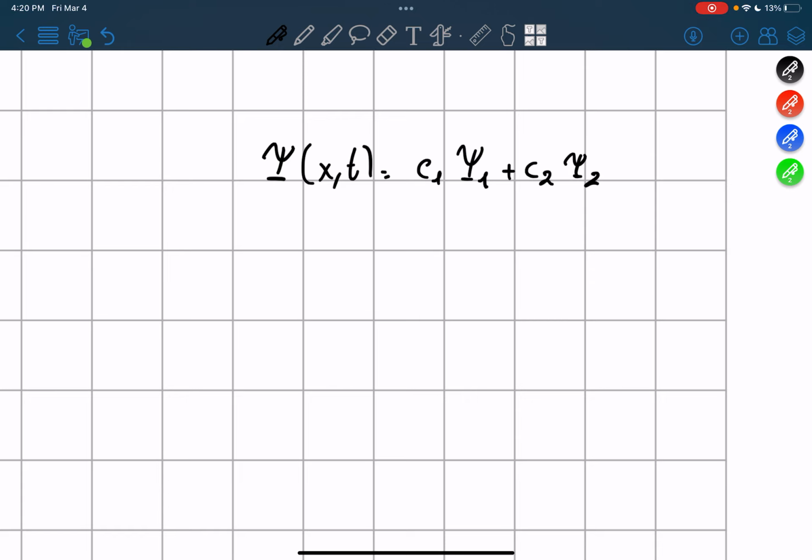Anyway, so we're going to have c1 and then little psi 1 of x, and then the time part, which is equal to, we said, e to the power of negative i E1 t over h bar, because we're talking about Phi 1, plus c2, then psi 2 in terms of x times e to the power of negative i E2 t over h bar.